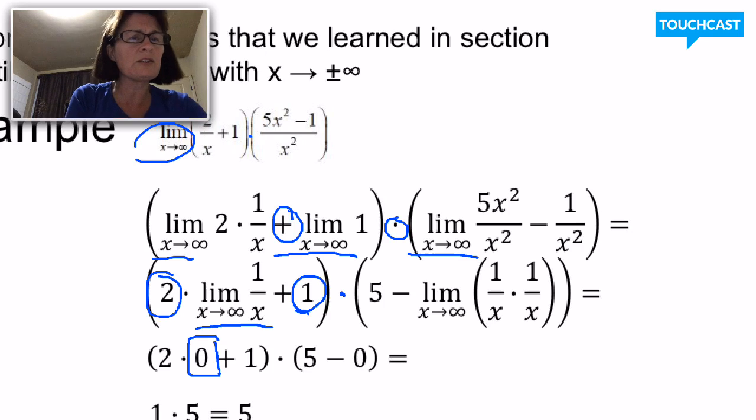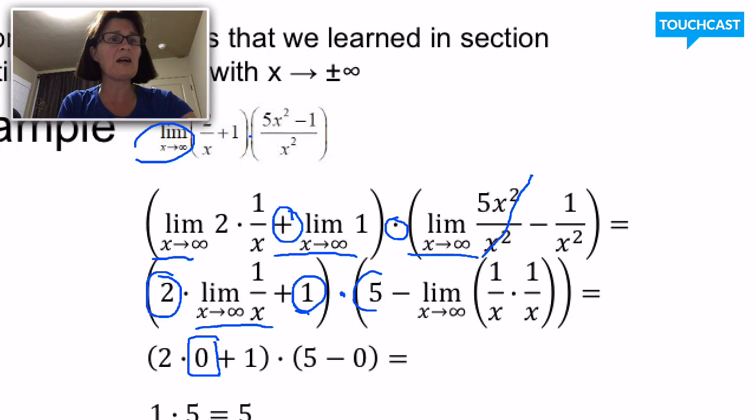Other things to notice: the limit as x approaches infinity of 5x squared over x squared. The x squareds will cancel, so that can be simplified, and then I have the limit as x approaches infinity of 5. Again, 5 is a constant, so I just have that constant value 5 minus the limit as x approaches infinity of 1 over x squared, which I can think of as 1 over x times 1 over x.